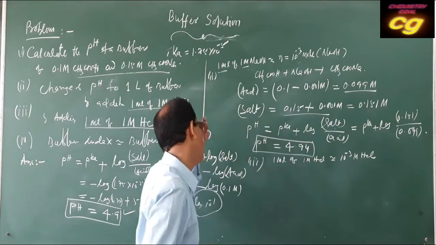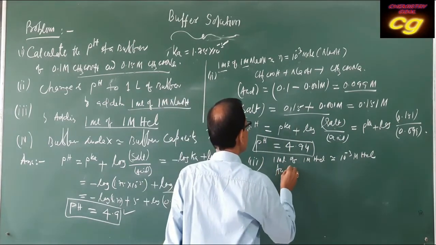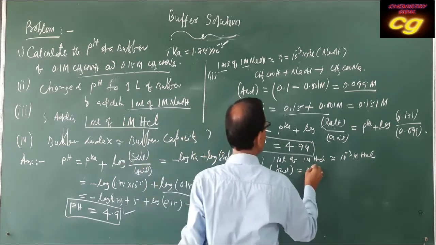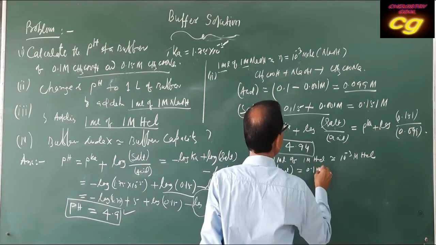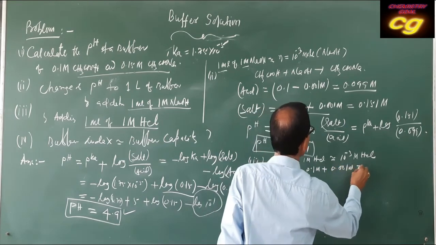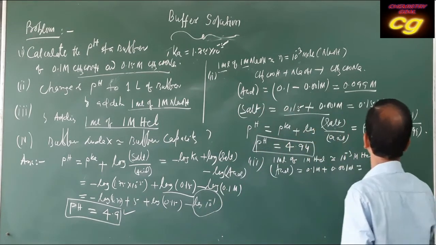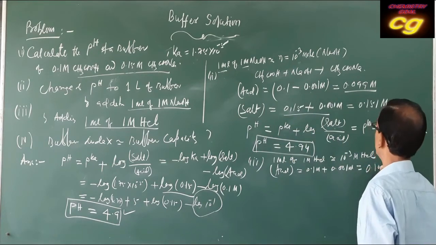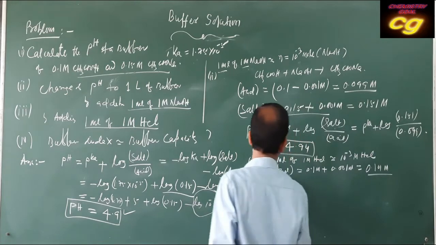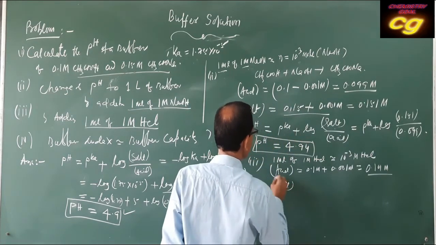So now the acid concentration will be, earlier it was 0.1 m plus 0.001 m. The result is 0.101 m. This is your acid concentration.